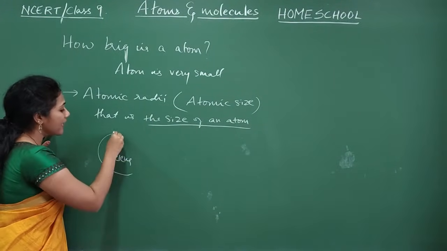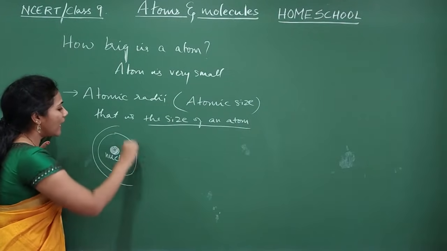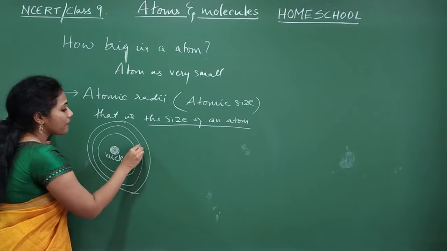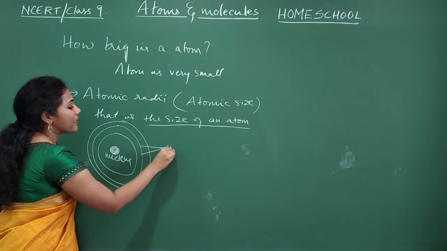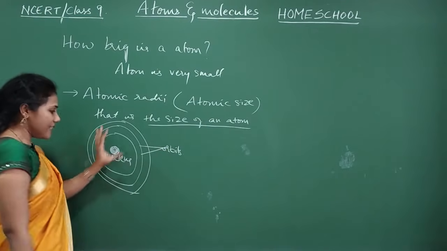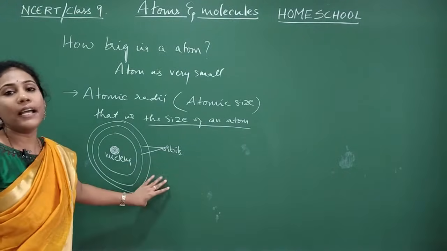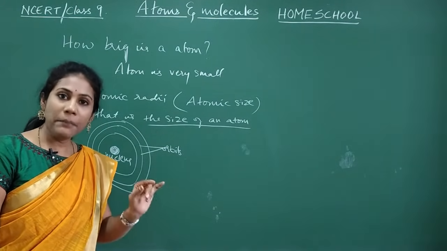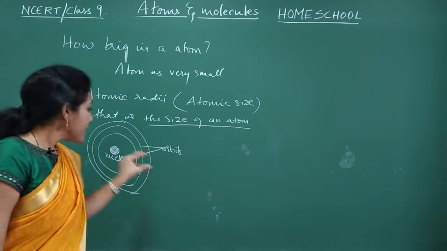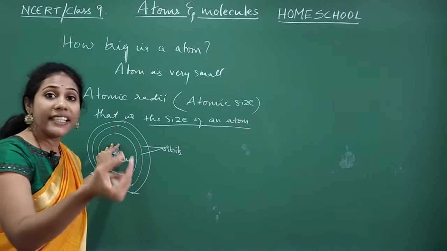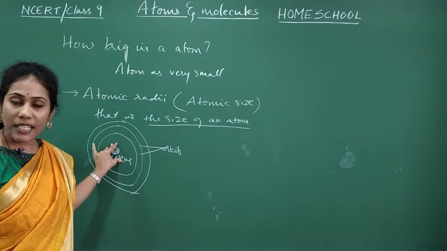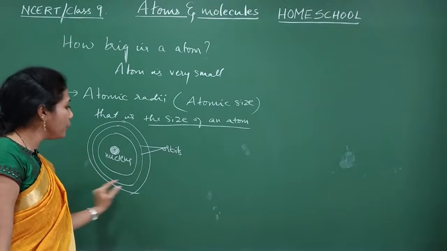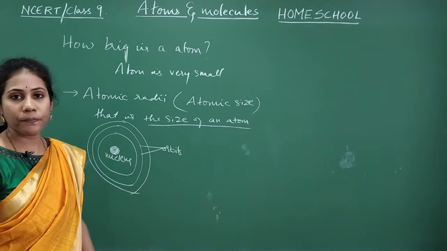Around the nucleus you will have circular paths which we call orbits. Centrally it has a very hard substance called the nucleus, and around it you will have certain circles called orbits.